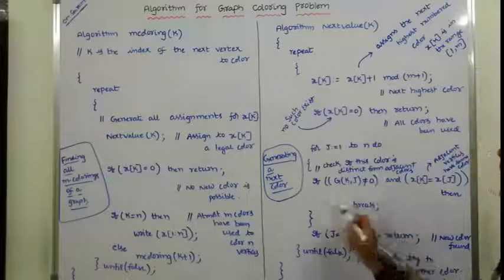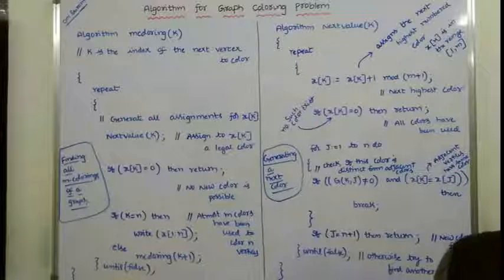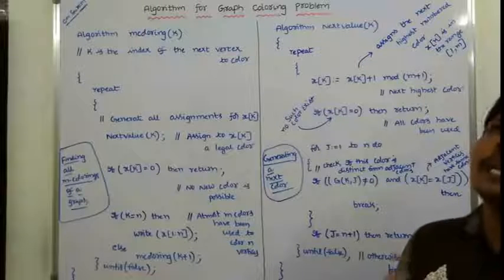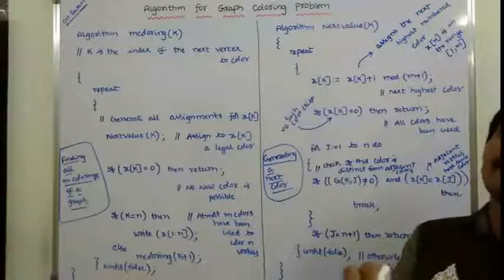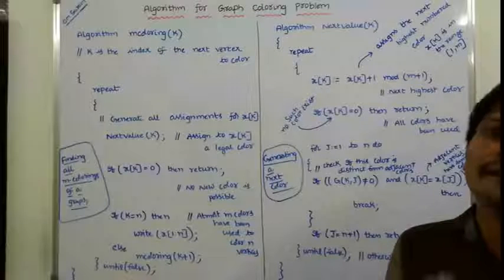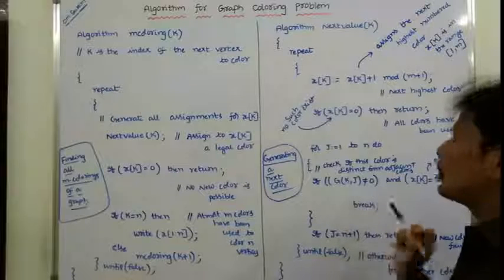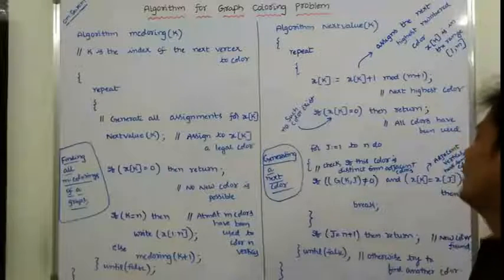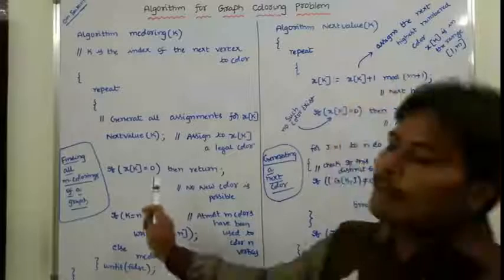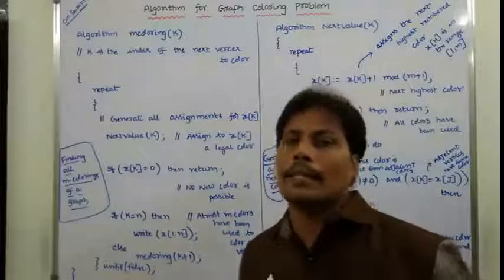Here this condition is used for checking if k comma j is an edge, whether the two vertices of the given edge have the same color or not. If they have the same color, then we go to the break. So this algorithm is used for finding all m colorings of a given graph.